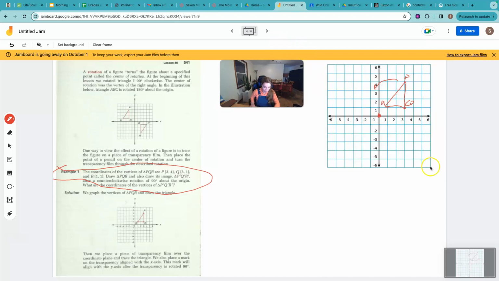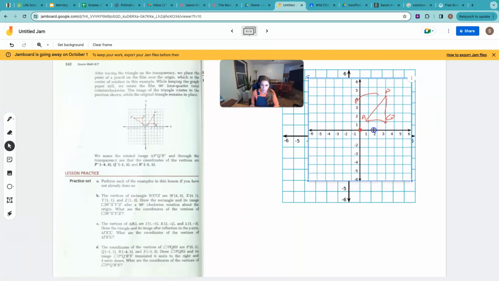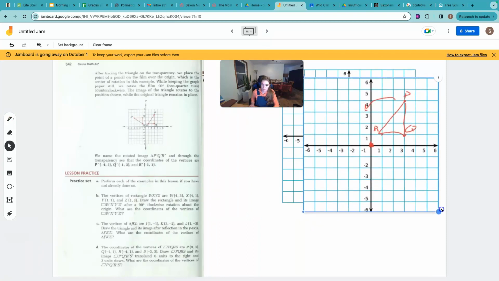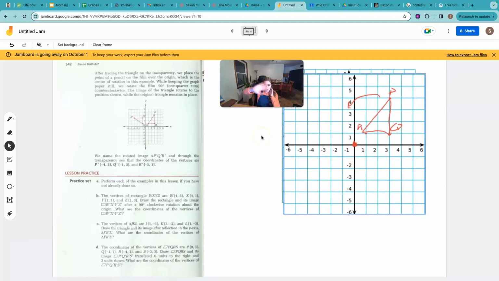So we're going to take this over to the next page with us. Save to clipboard. I'm going to paste it here. Okay. So we have triangle PQR still, and we're rotating it 90 degrees around the origin, which is 0, 0, the direct middle of the coordinate plane of this graph. So if we rotate it all the way around, this would be point R, right?